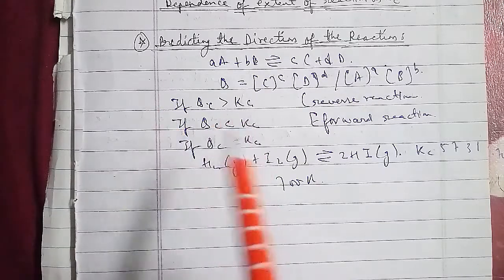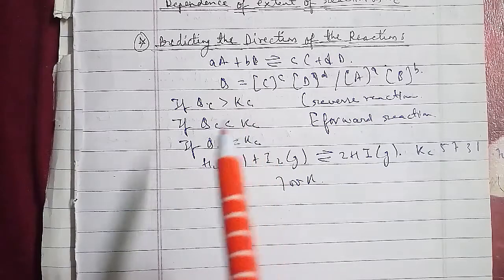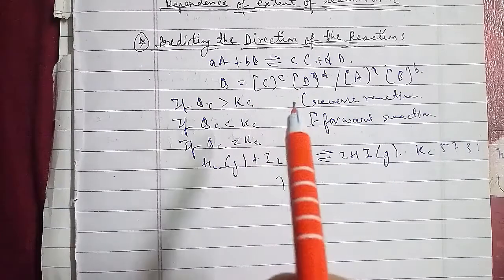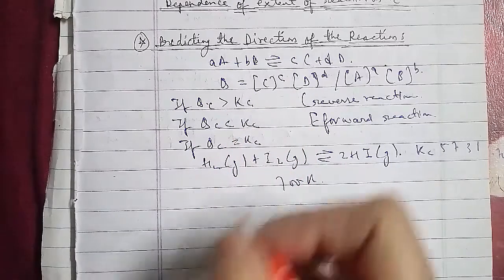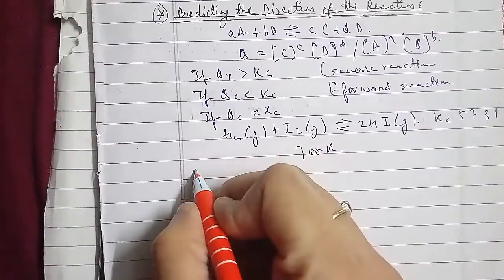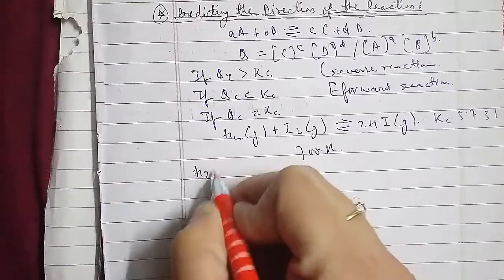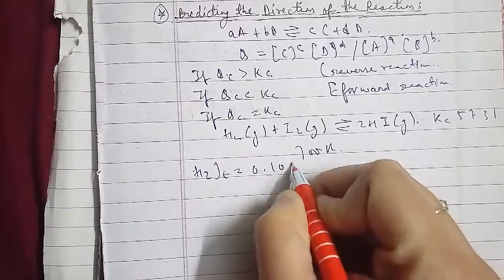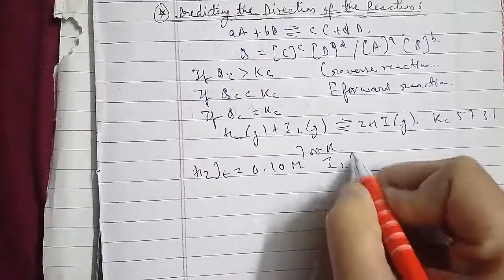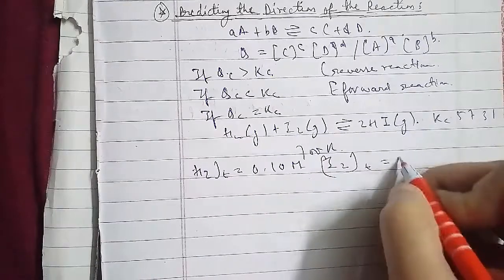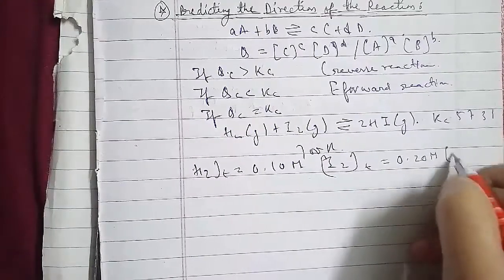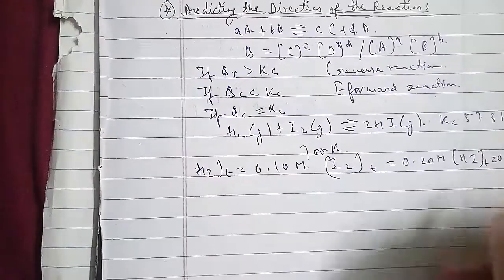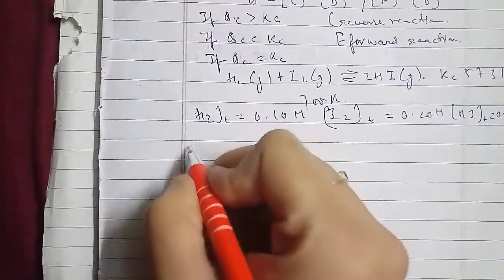So we'll find the value of Q, which is the concentration of HI squared divided by H2 times I2 at time t. We put in the values: 0.40 squared divided by 0.10 multiplied by 0.20, which gives 8.0.